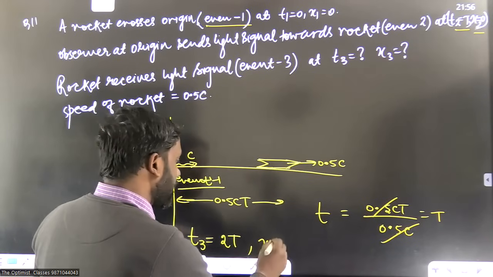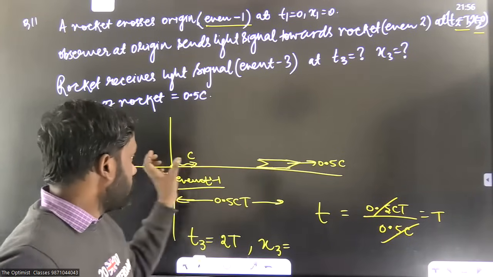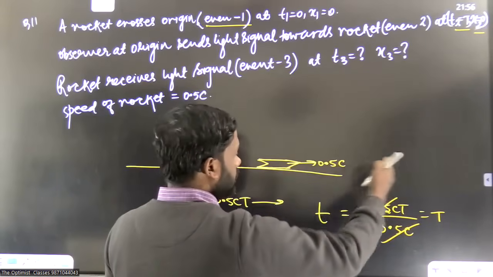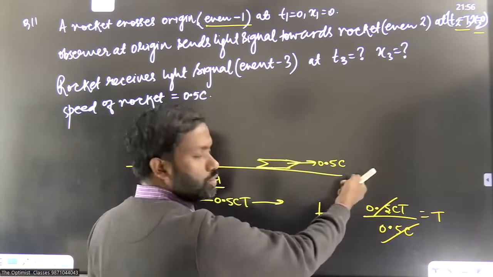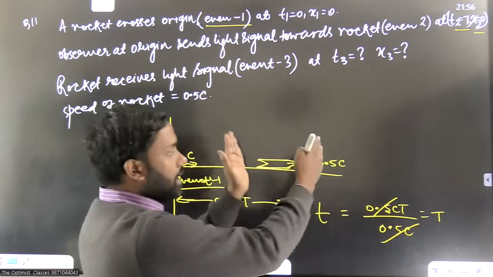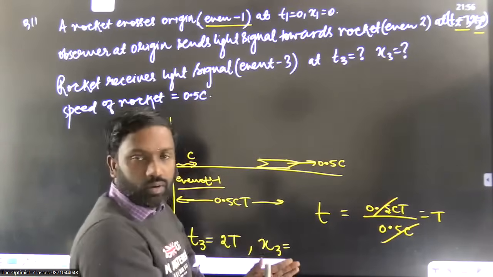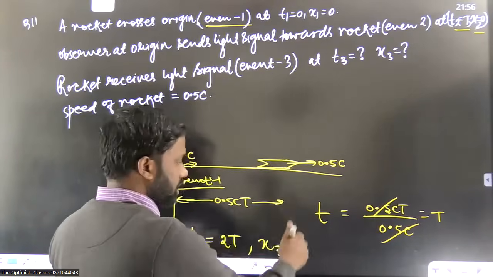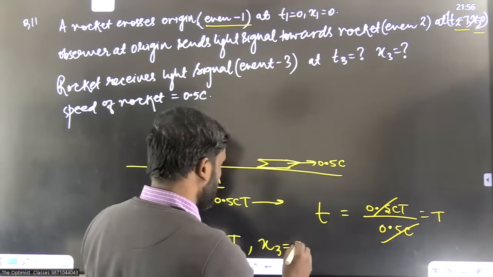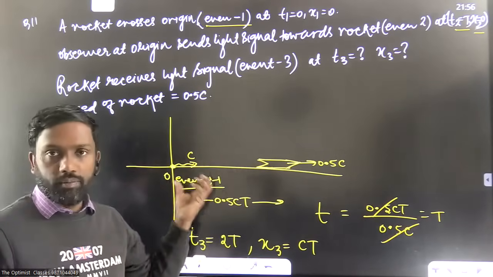In that duration T, the rocket would have also moved a further distance, speed into time, so 0.5 c into T. It was already at 0.5 cT, and it has moved another 0.5 cT. So the light pulse will reach the rocket at a position equal to 0.5 cT plus 0.5 cT, which is c into T. This will be the position where the light pulse reaches the rocket.